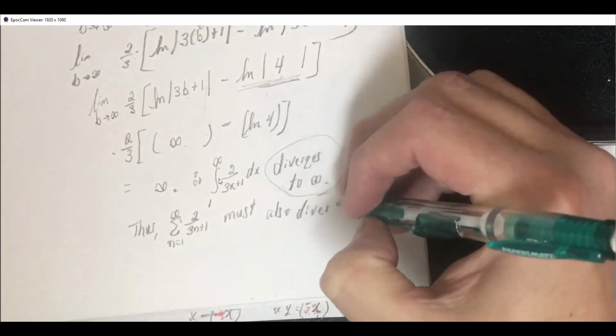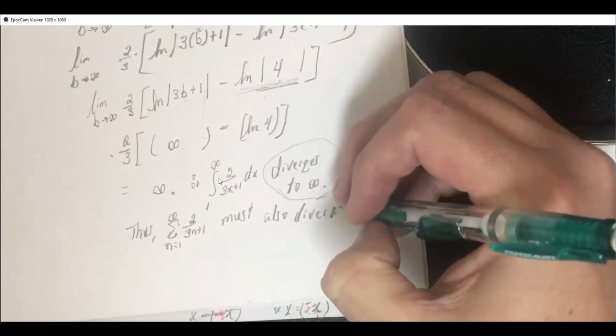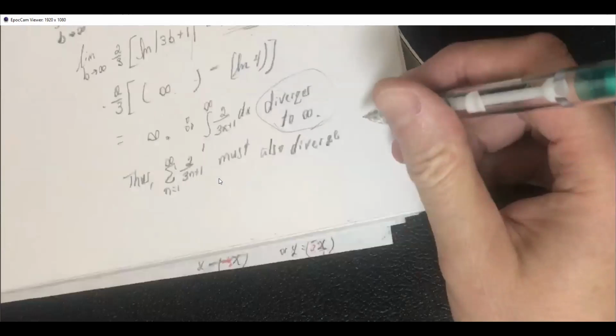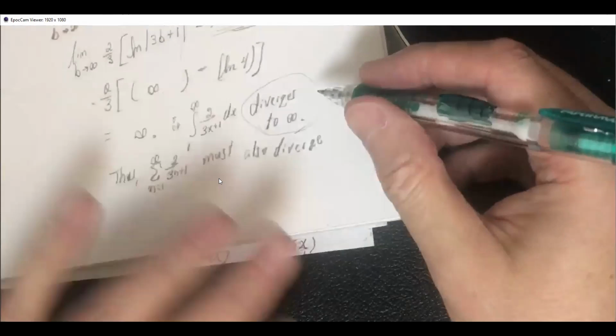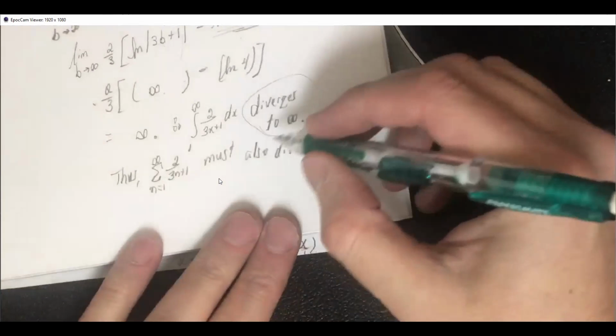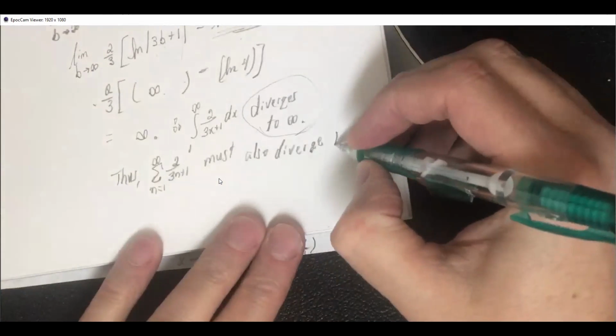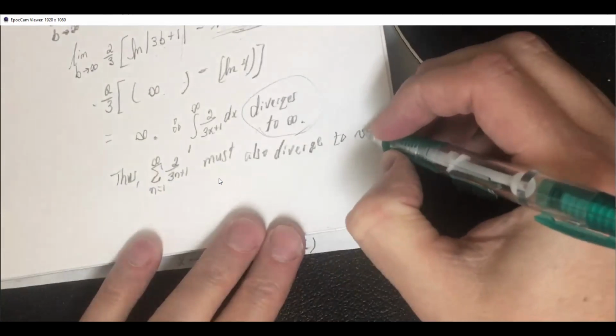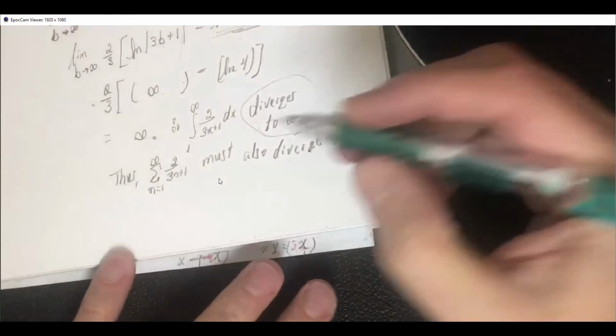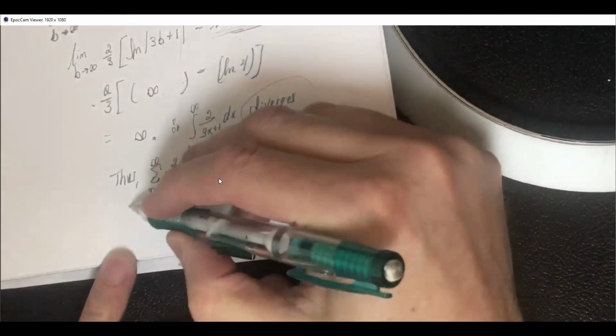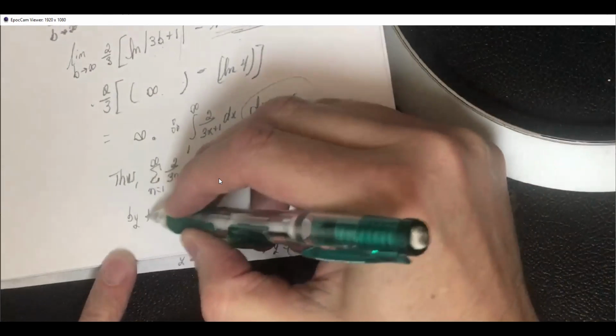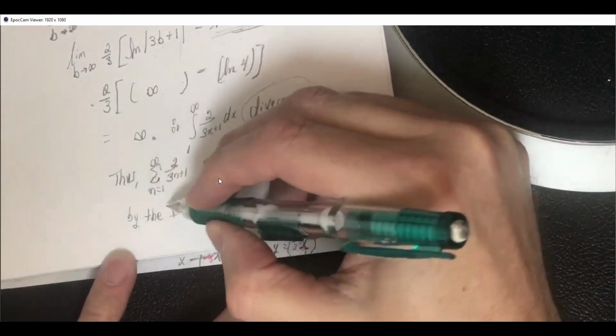Which type of diverge? To infinity. Now, they may not ask, but they may. By the integral series test.